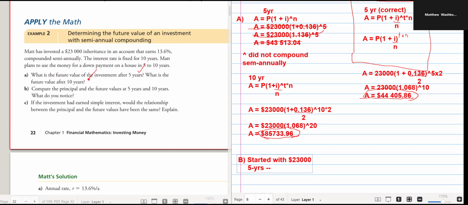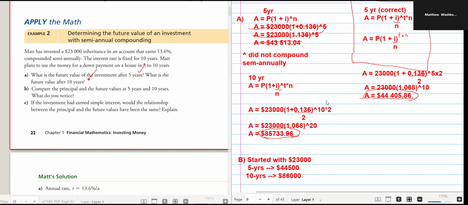After 5 years, it was $44,405, right? Or I'm just going to put 44,500. Keep it simple here, because this is just thinking in broader terms. And then after 10 years, it was about $86,000, right? I'm just keeping it simple. This isn't the exact amount, and that's fine, because this is a thought-provoking question. It's not a math question necessarily.